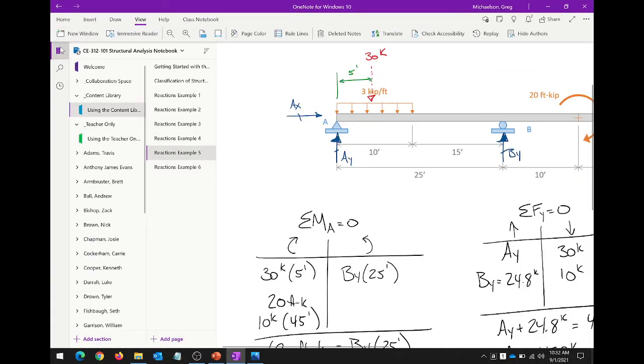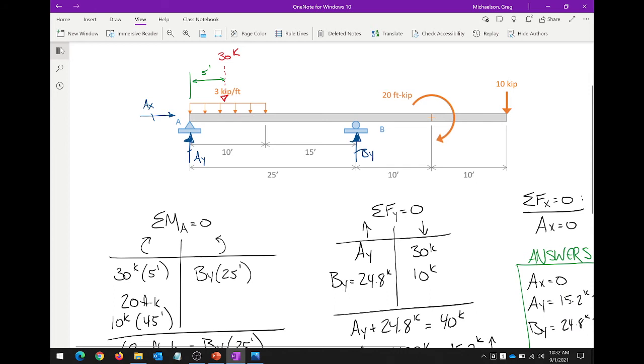So with the last problem, let's use our brains a little bit. Why did we sum moments at A? And more specifically, why did we do that first?